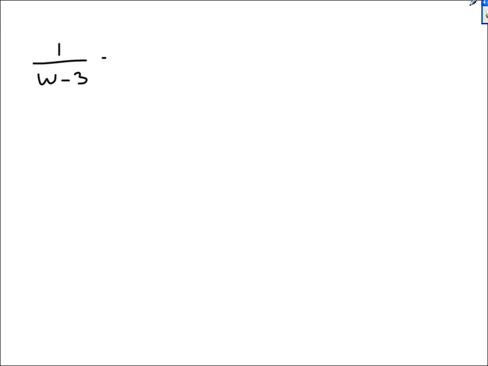1 over W minus 3 plus 1 over W plus 3 is equal to negative 5 over W squared minus 9.